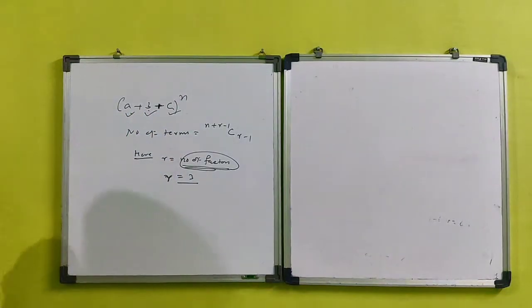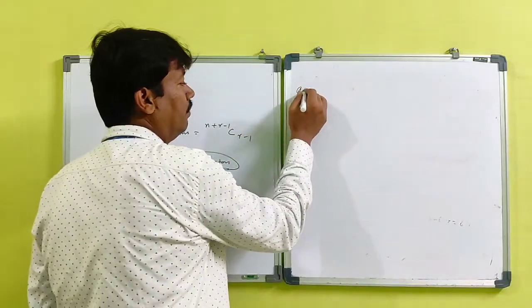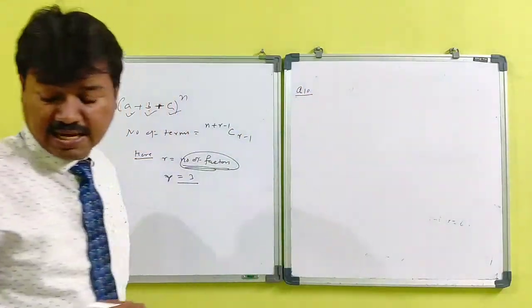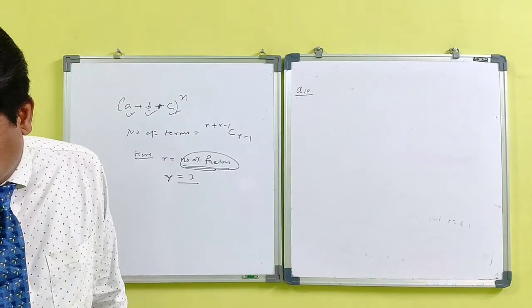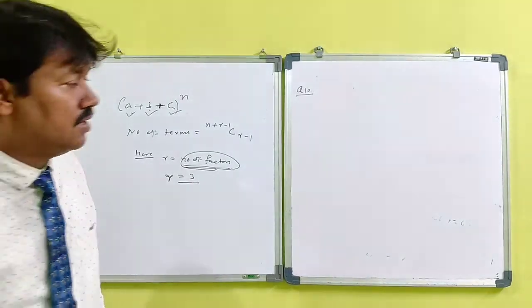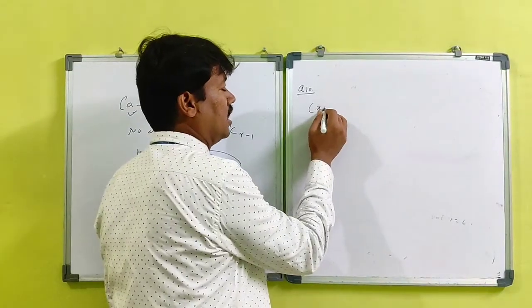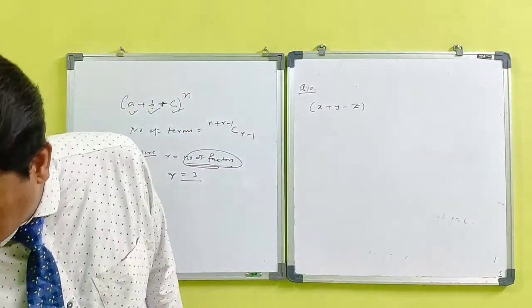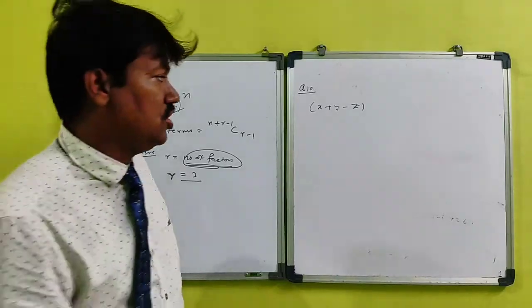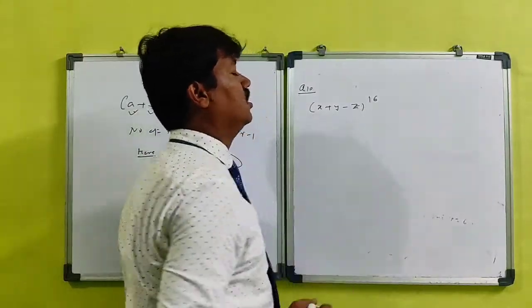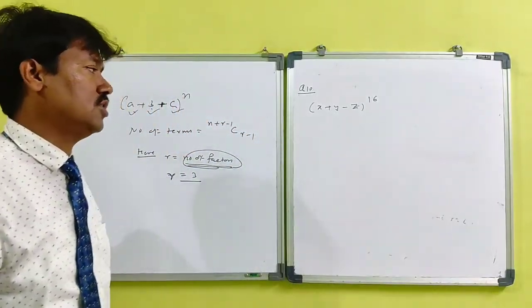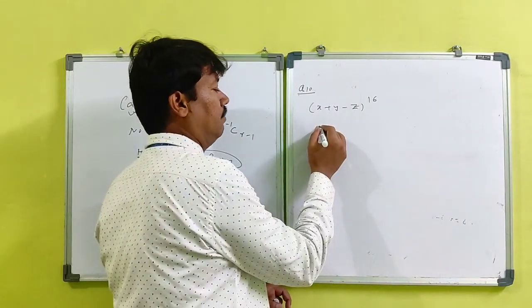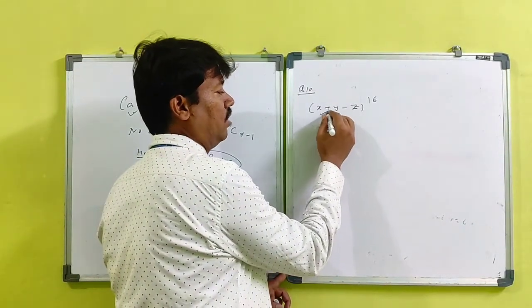So based on this, question number 10 of your JEE says, find the number of distinct terms in the expansion of x plus y minus z raised to 16. So here, the number of factors are 1, 2 and 3.